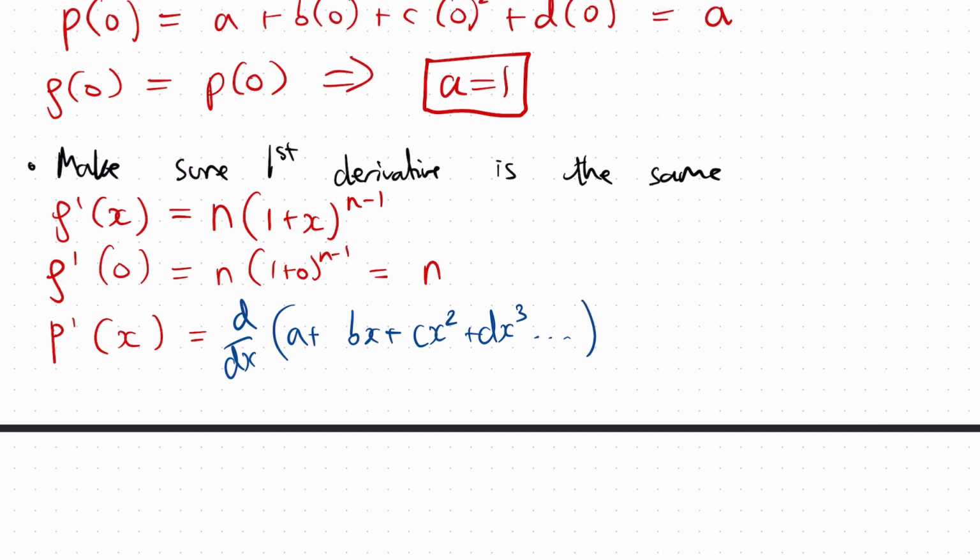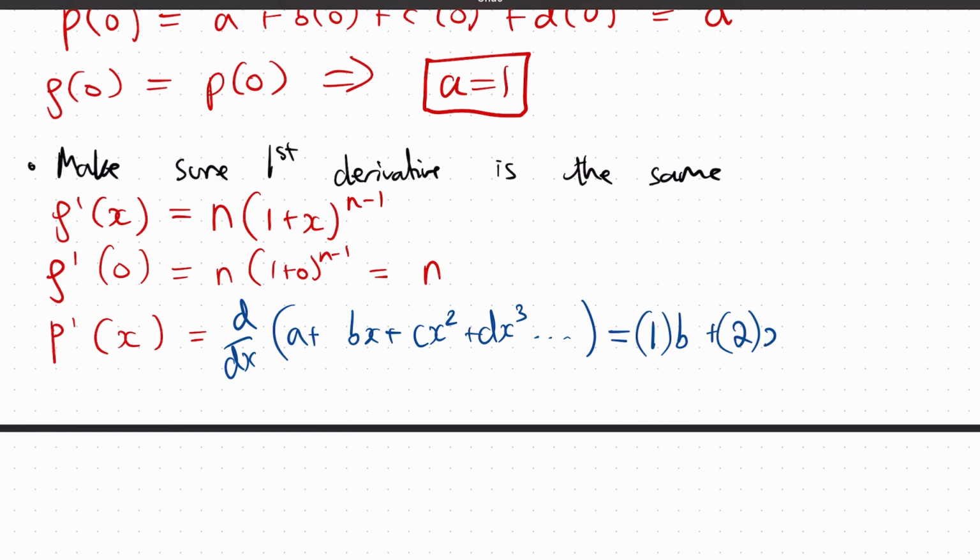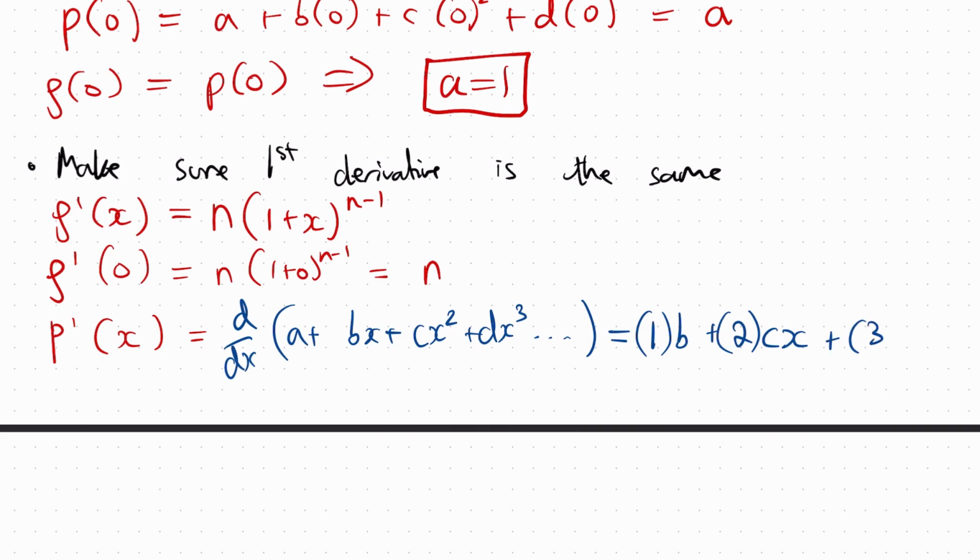And that is going to come out to become, and I'm just going to leave the coefficients as they are because it'll make sense later, 1 times b plus, moving the 2 down there, 2 times cx, and then 3 times dx squared, just like that.